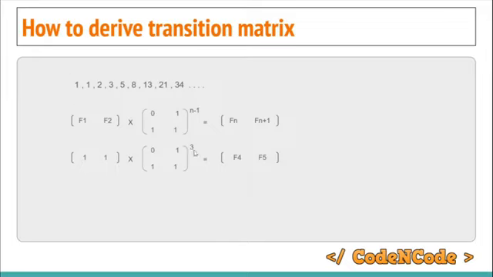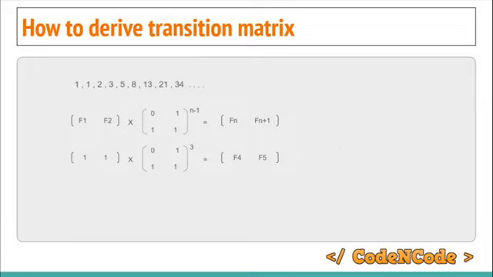Just calculate this matrix raised to power 3, multiply these two and see if you get f4 and f5. f4 and f5 are 3 and 5, so see if you get 3 and 5. You'll see that yes, you get 3 and 5. I'm leaving this as an exercise because I want you guys to not just look at the formulas and say this must work, but to actually analyze it yourself and see practically whether this works or not. And it has to work because this is actually true.